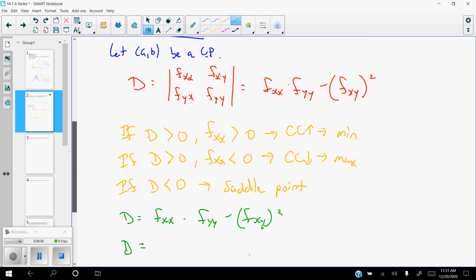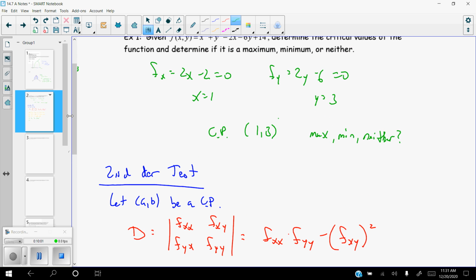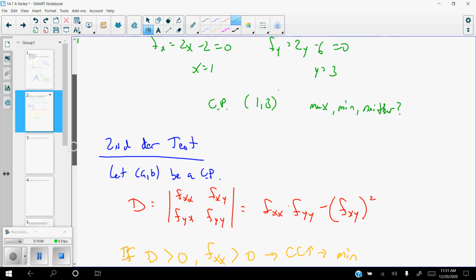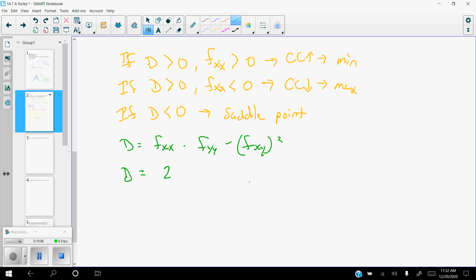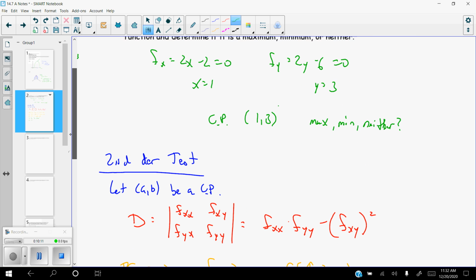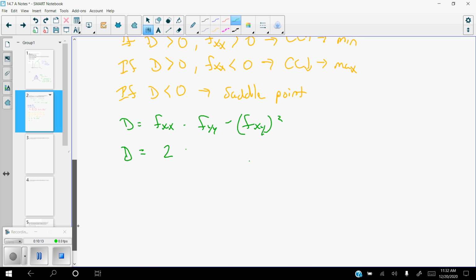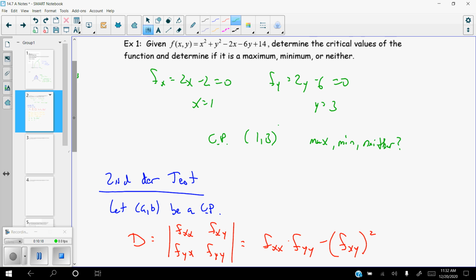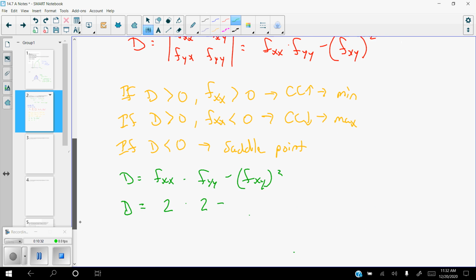The second derivative with respect to x, fxx, is just going to be 2 in this case, times the second derivative with respect to y, which is also going to be 2 in this case. Now the second derivative of x with respect to y is 0. Likewise, the second derivative of y with respect to x is also 0. Again, they should be the same.